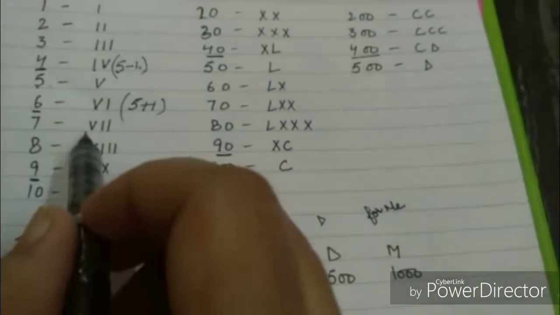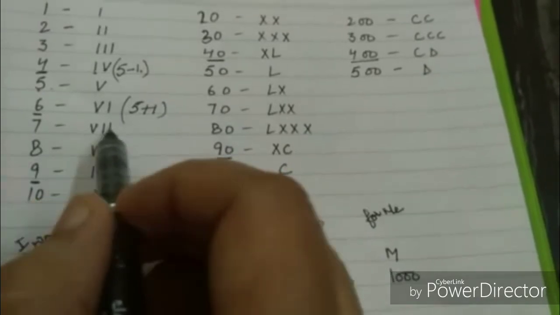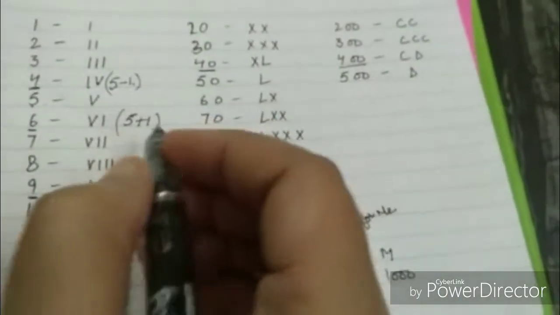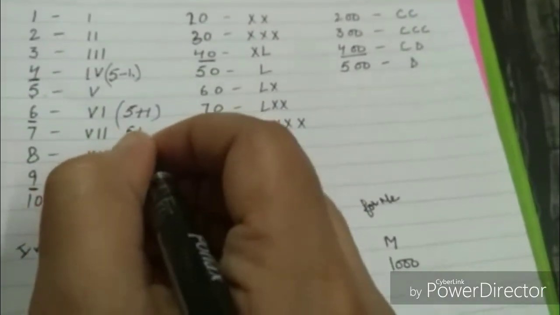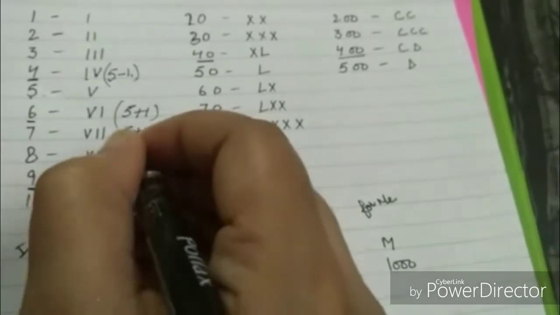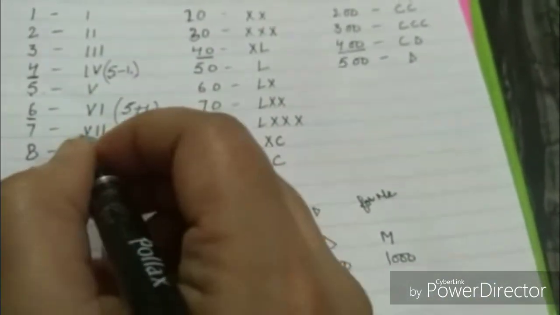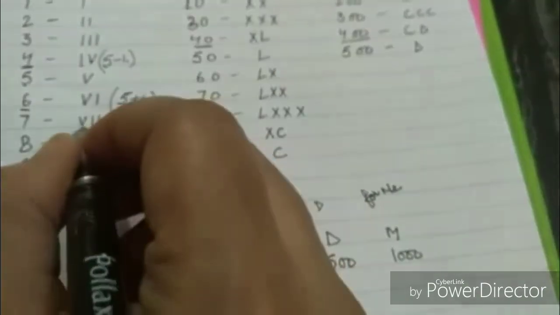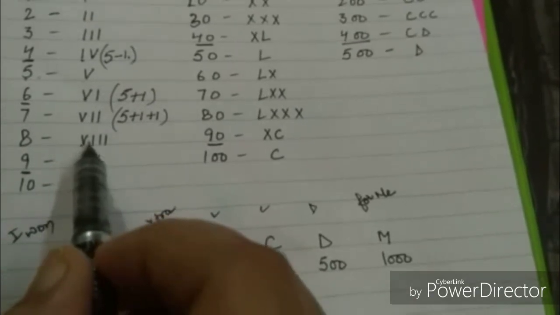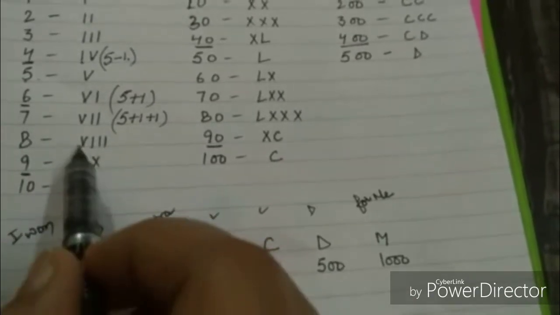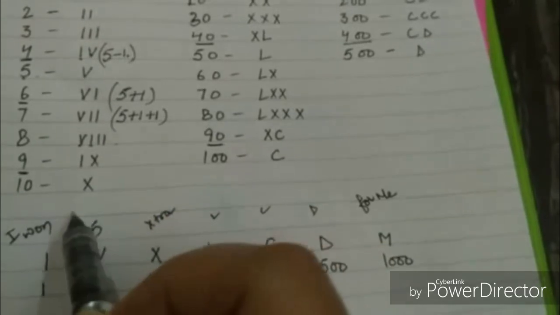Then 7 can be represented as 5 plus 1 plus 1. Simple. 5 is V, 1 is I and I. Clear? Then 8 is again 5 plus 1 plus 1 plus 1, meaning 5, 6, 7, 8.